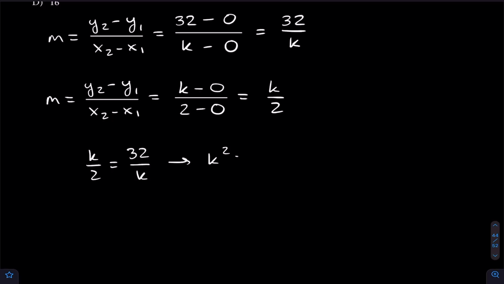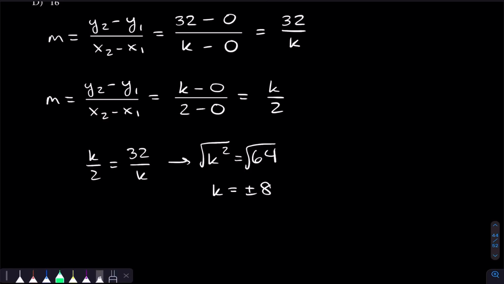We get that k squared is 64. We have a k times k, that's where I got the k squared from, and 32 times 2 gives me the 64. From here I square root both sides, and I get that k is equal to plus or minus 8. So, there we go. That gives me the value of k.